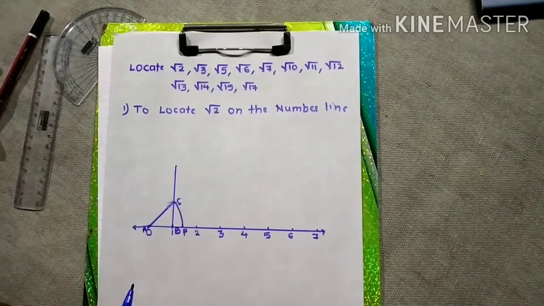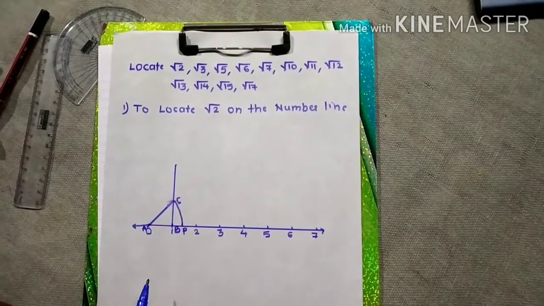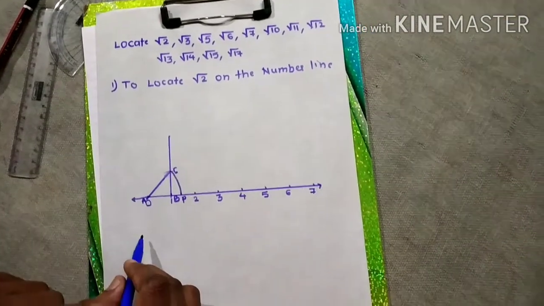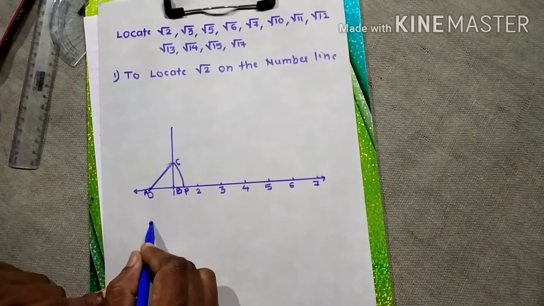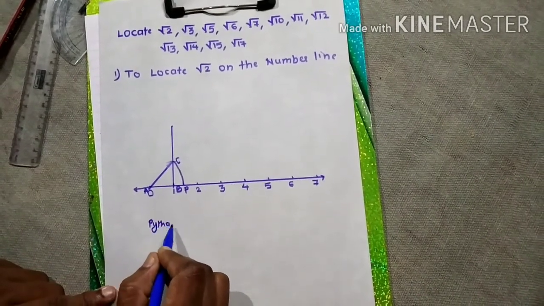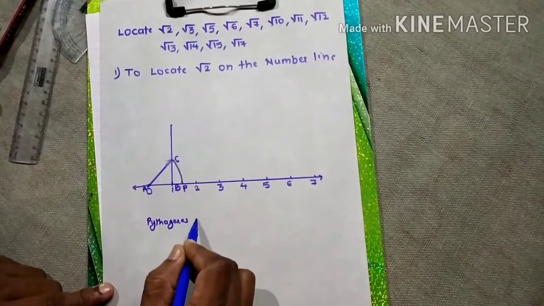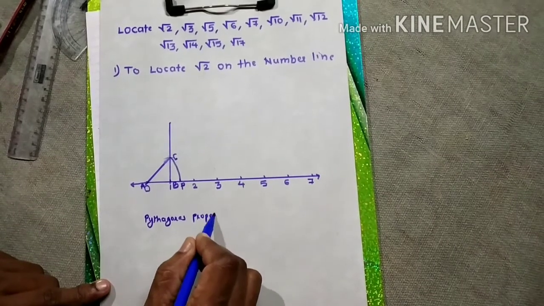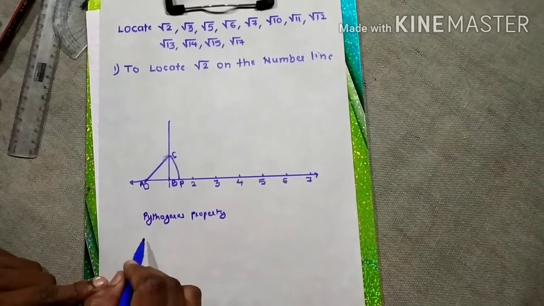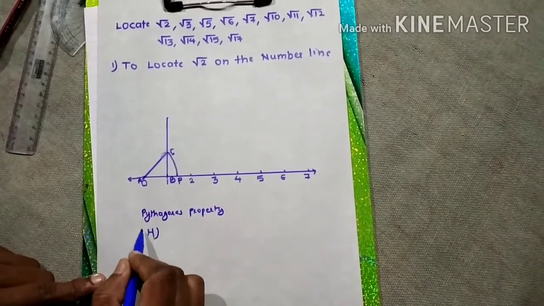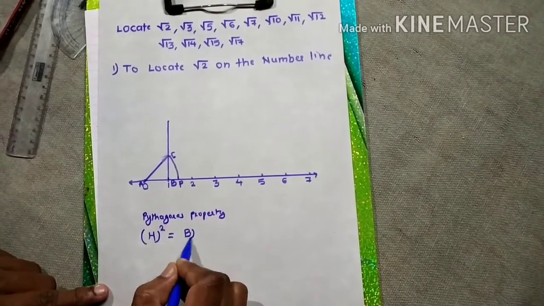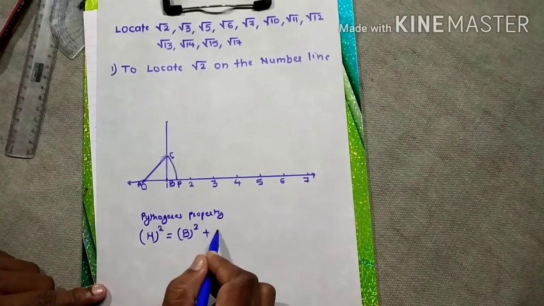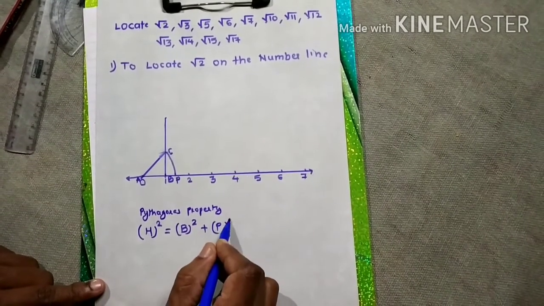Let us prove how we got this root 2. In order to prove, we have to use Pythagoras property. So what is the Pythagoras property here? Hypotenuse square is equal to base square plus perpendicular square.